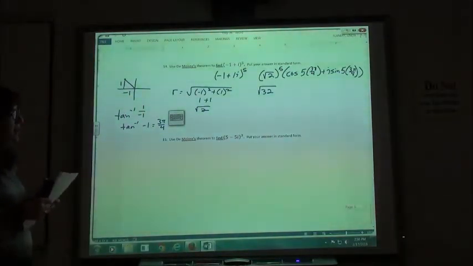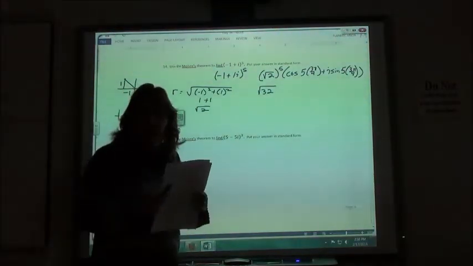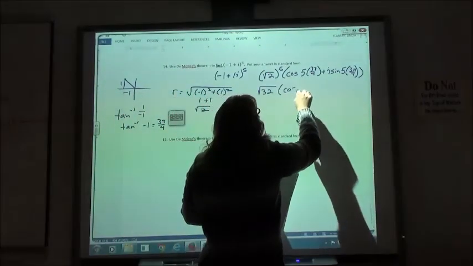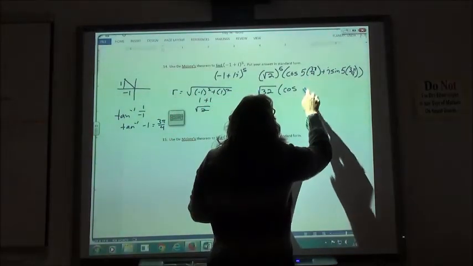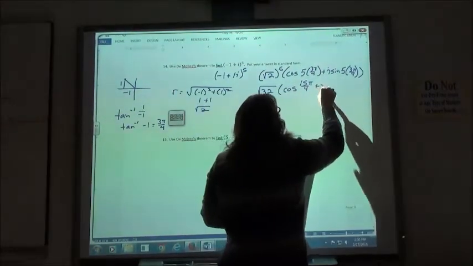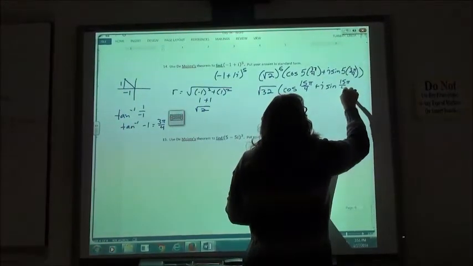I could simplify that, but I'm going to wait till later to see if I need to, depending on what my multiplying is. So over here, I'm going to have cosine of, that doesn't cancel, so I'm going to get 15 pi over 4 plus i sine of 15 pi over 4.